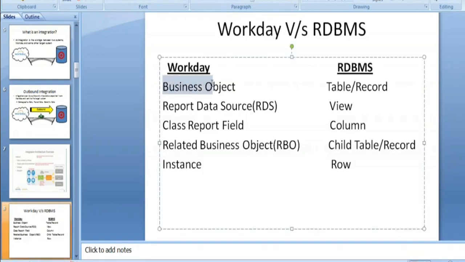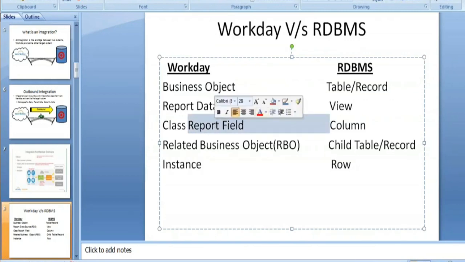In Workday, we call it a business object, which is equivalent to a table or record in RDBMS. Similarly, the report data source is equivalent to a view in RDBMS.